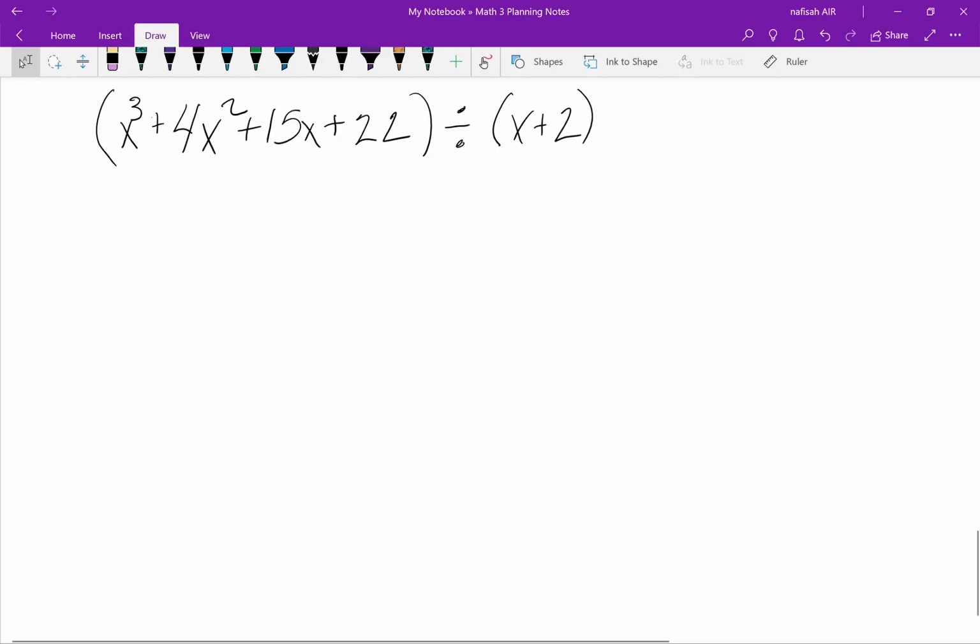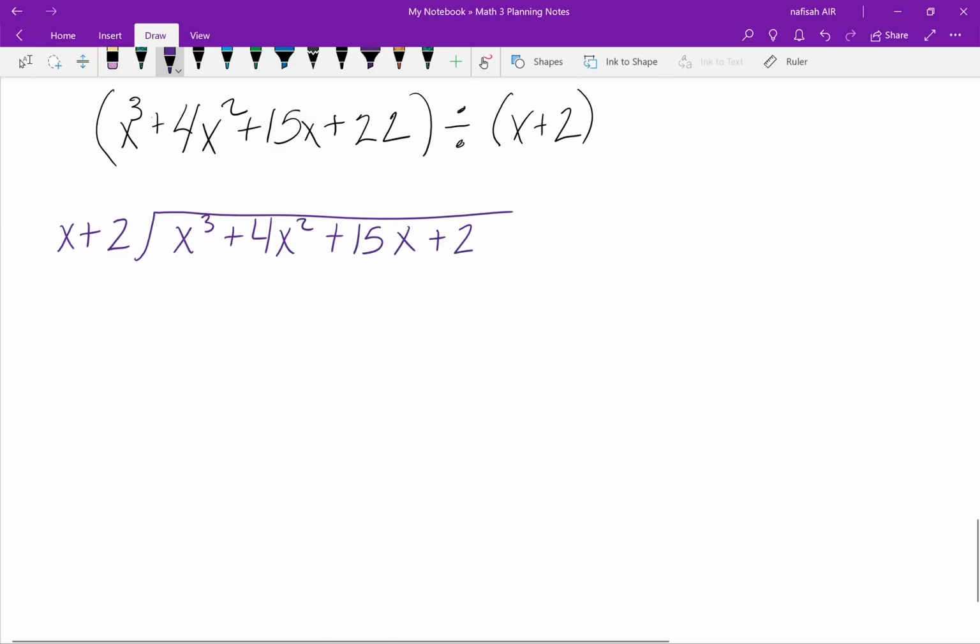If I'm using long division, I would have to put x plus 2 outside of the house and put x cubed plus 4x squared plus 15x plus 22 inside the house.